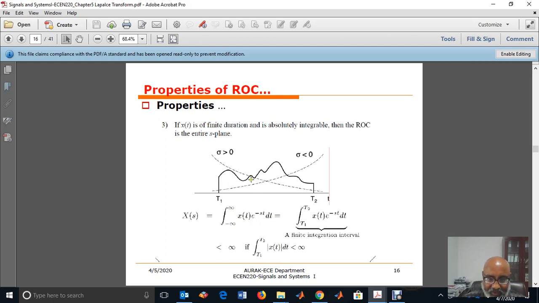Again, if you multiply by e raised to minus sigma t, the integration is always less than infinity. That means the Laplace transform exists, and the region of convergence also exists.